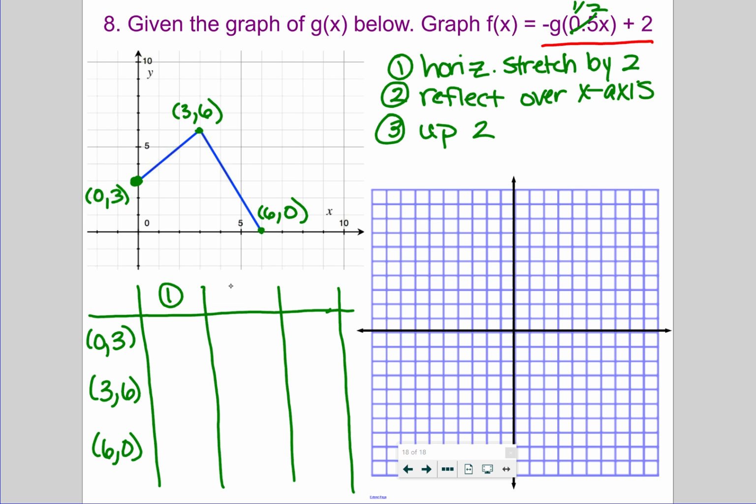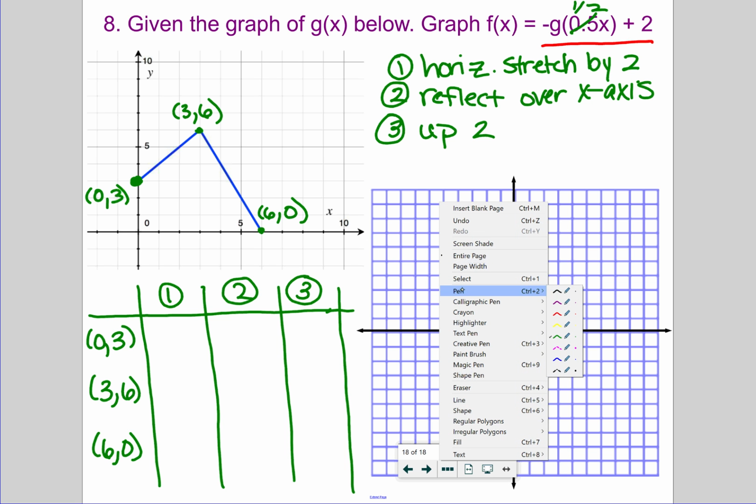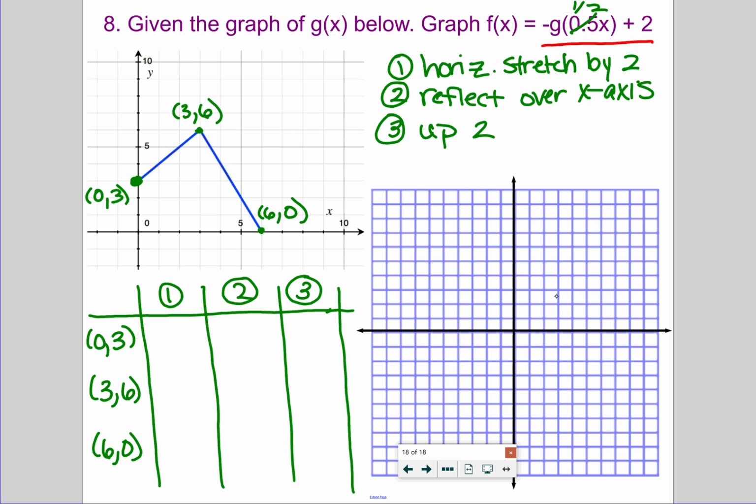So we have 3 transformations. 1, 2, 3. The first thing that we need to do is a horizontal stretch by 2, which means that we're going to be twice as far from the y-axis. When we have a horizontal stretch, we're going left and right. So (0, 3) is on the y-axis. It will remain on the y-axis. (3, 6) is going to be stretched twice as far.